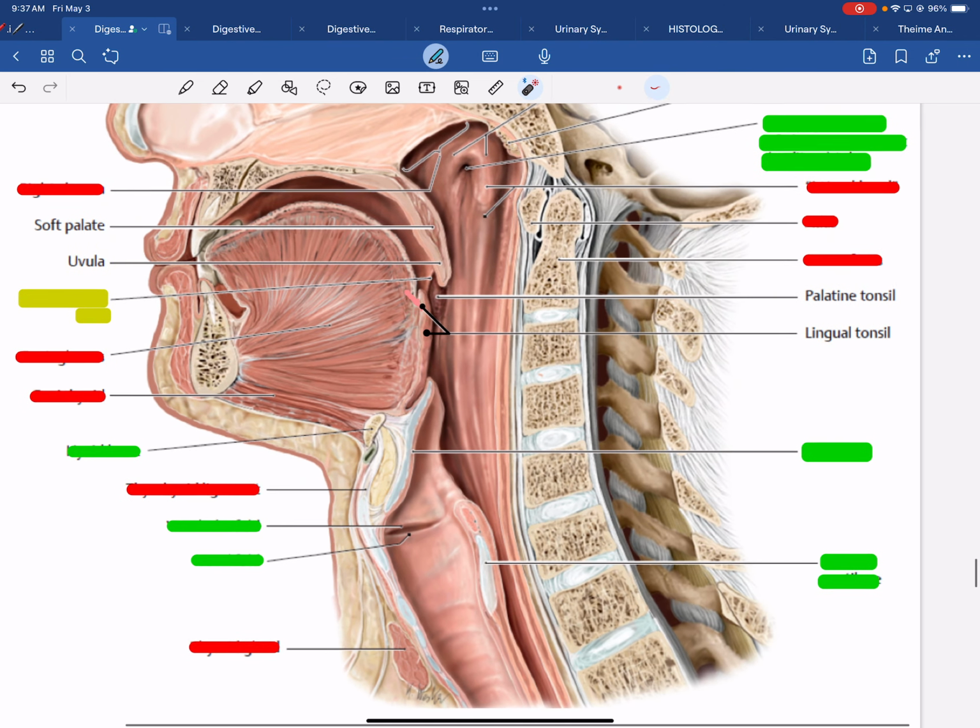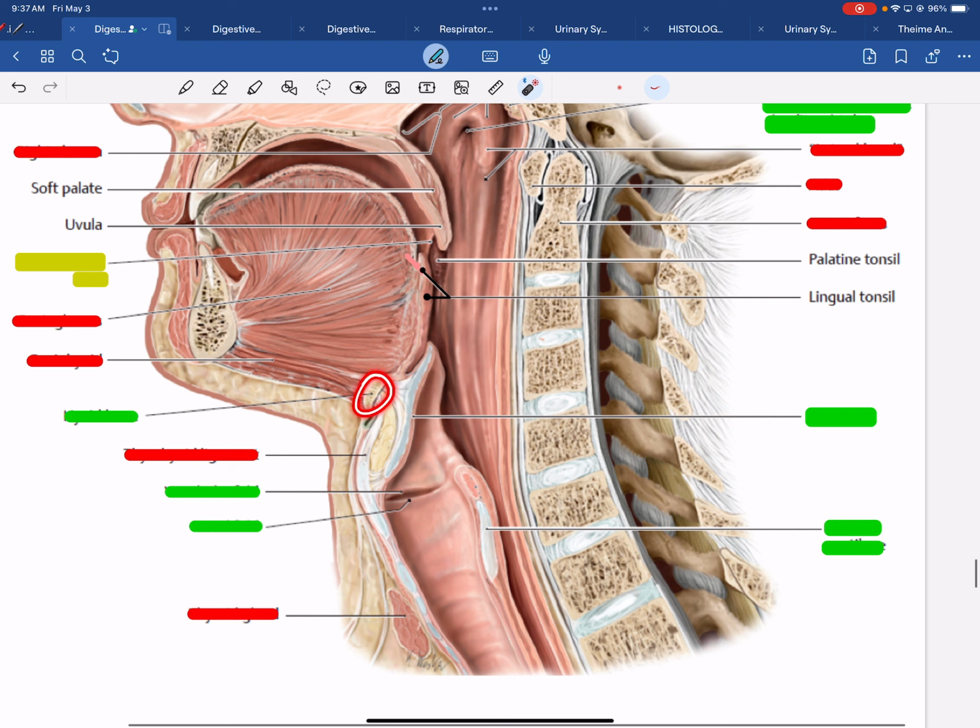And here's some landmarks. What is this? It looks like a bone. Good, the hyoid bone. Yeah, that's an important landmark for the separation between this cavity or space and this space.